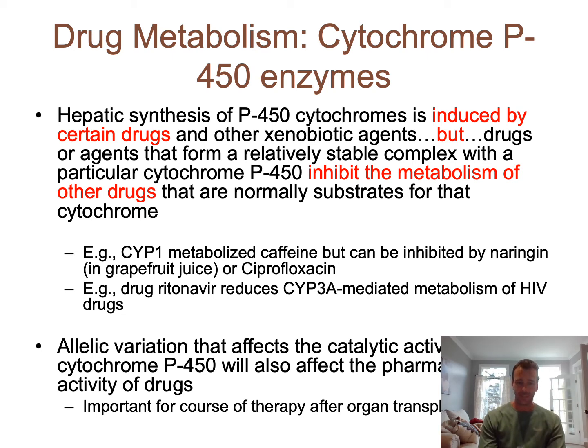Another example would be the drug ritonavir, which reduces CYP3A metabolism of HIV drugs. So again, these are where our drug interaction warnings come into play, a lot due to what's going on with these P450 enzymes.